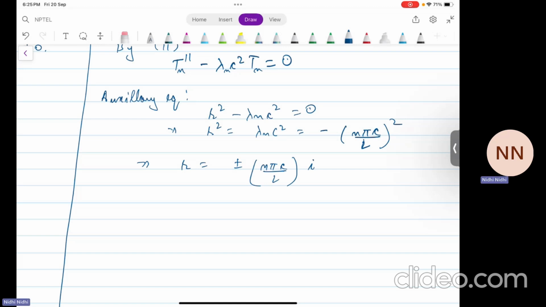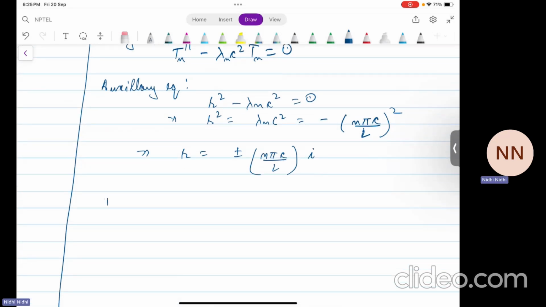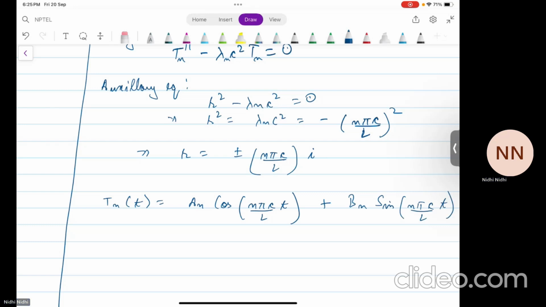In this case, we know that the solution Tn will be given by some an cos n pi c by L t plus bn sin n pi c by L t.